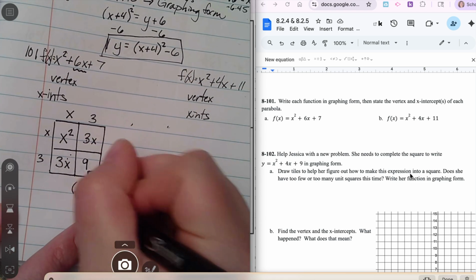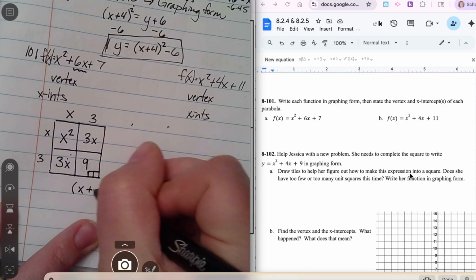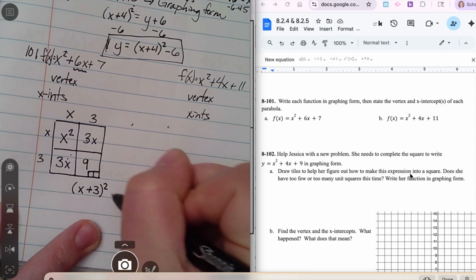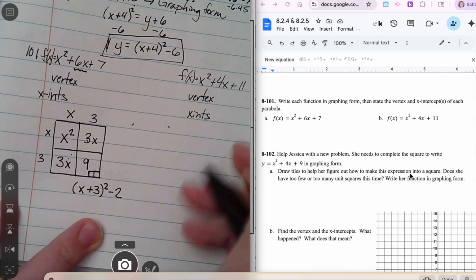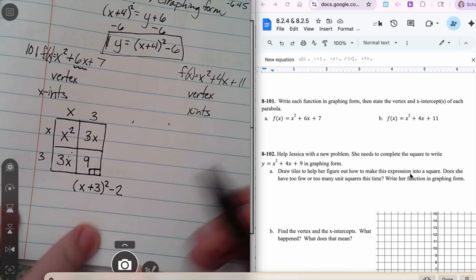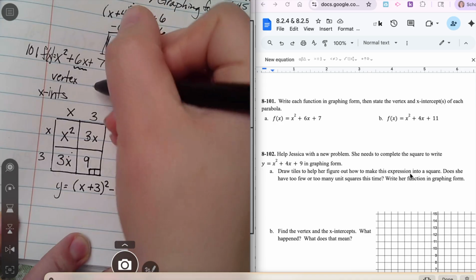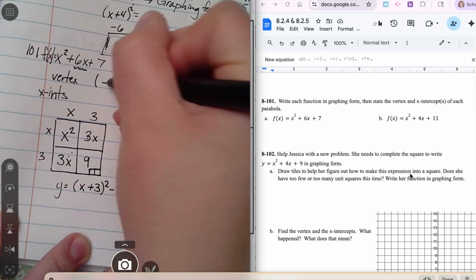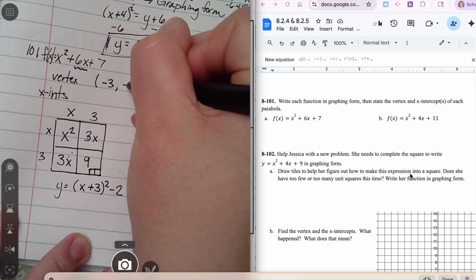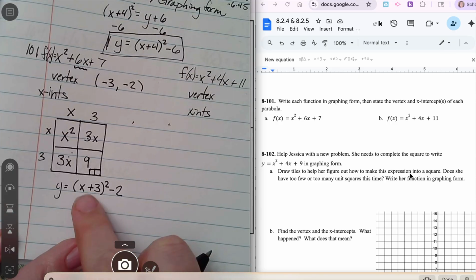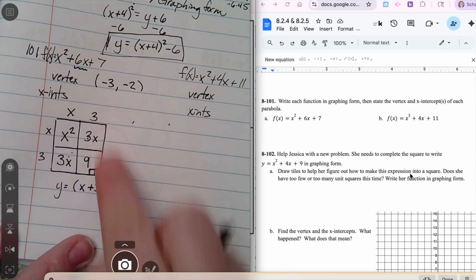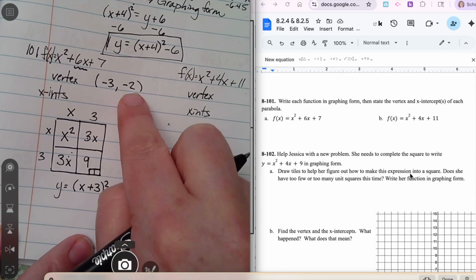So I would write this as x plus 3 squared minus those 2 tiles that I had to add in order to make it work. So that means the vertex of my parabola is at -3, -2, because it's always opposite of what we see here, -3, and exactly what we see there, -2.